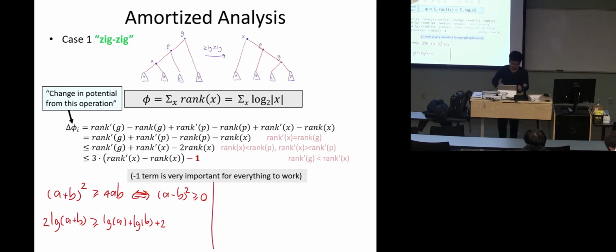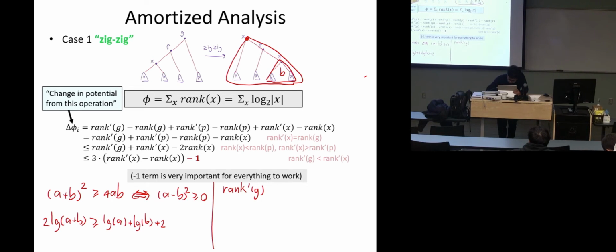And now let's see the rank of x prime. Let me first define rank prime of G. Rank prime of G is like this subtree.